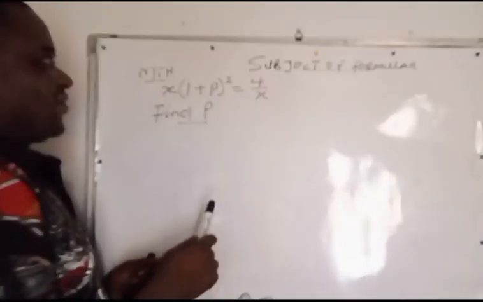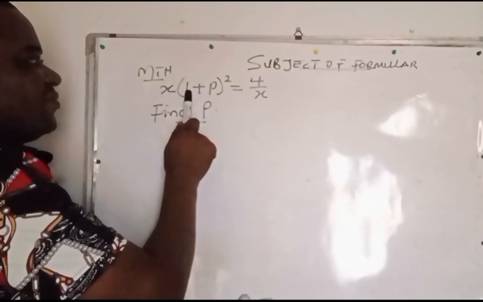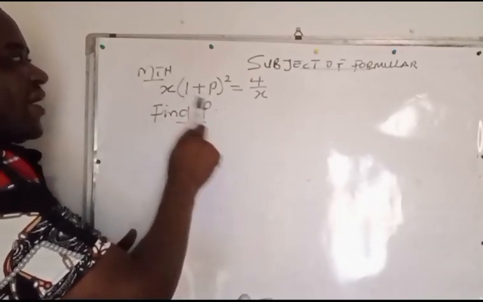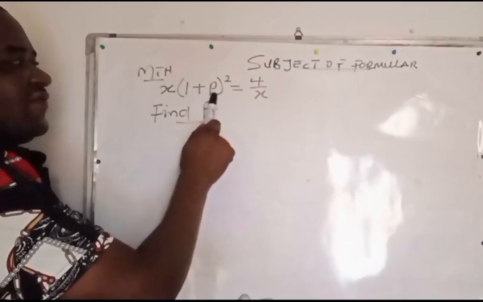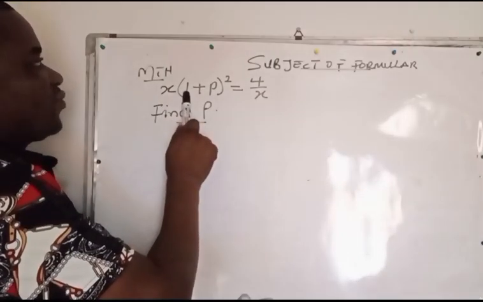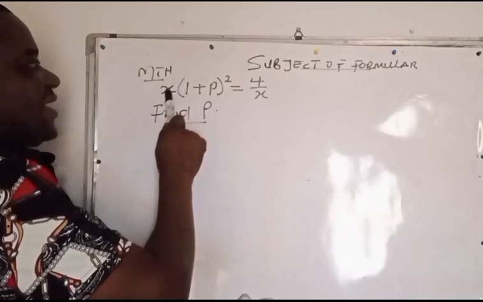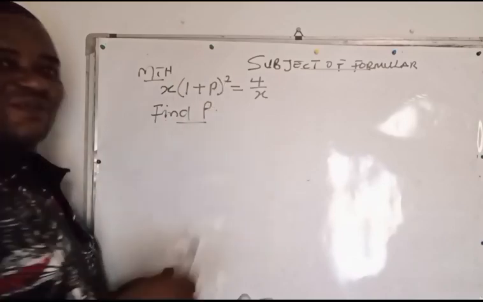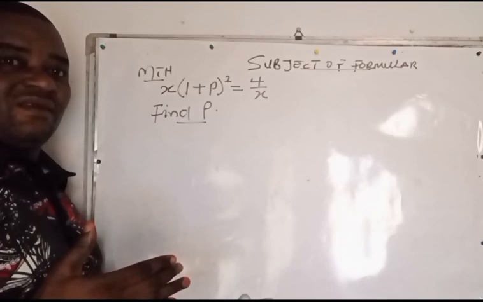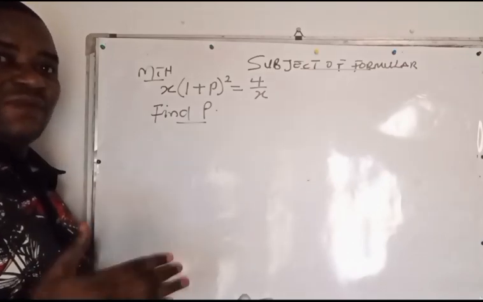You'll be wrong. Sometimes you feel like you should square the numbers inside the bracket, that is 1 square plus p square, or open the bracket and multiply x by each of them. You will still be wrong in that approach. If you decide to say x times 1 plus x times p square, you will still be wrong. So you must understand the basic board mass principle before you can do this.